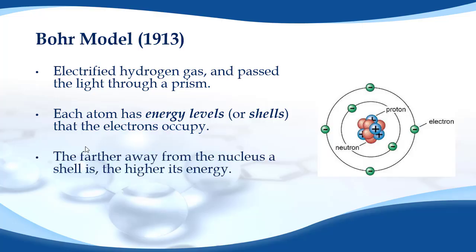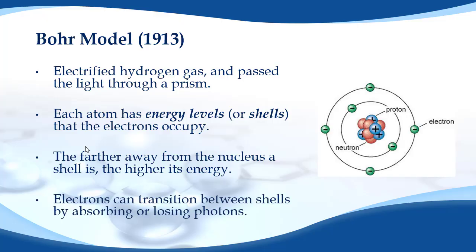Higher energy electrons tend to be farther away from the nucleus than lower energy electrons are. The lowest energy electrons, the ones that are most attracted to the nucleus, are closest to the nucleus. The higher energy electrons, the ones that are less attracted, are farther away. And the only way you can transition between different shells is this: one of the electrons in the first shell can jump into the second shell, but in order to do that, it has to gain energy in the form of a photon.